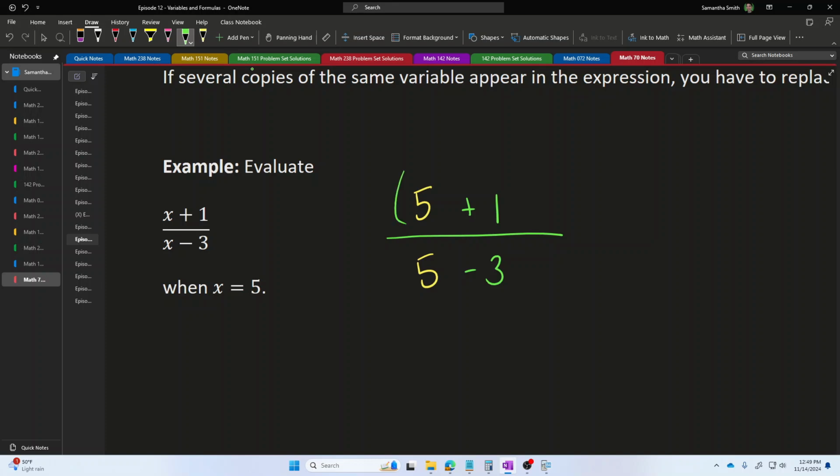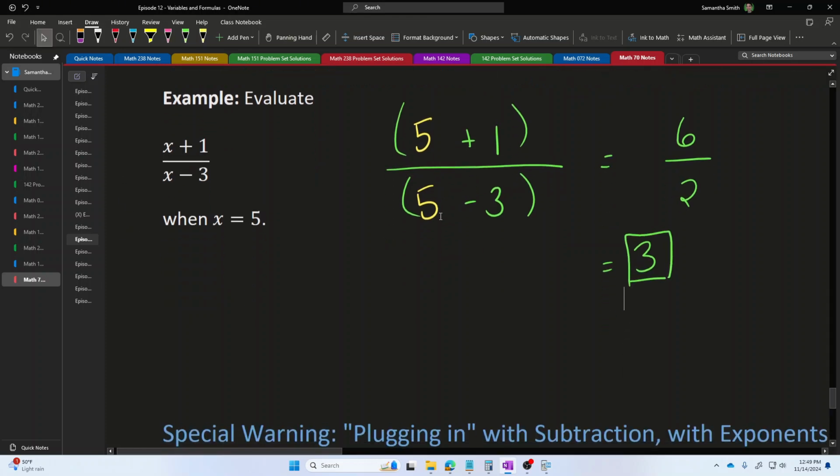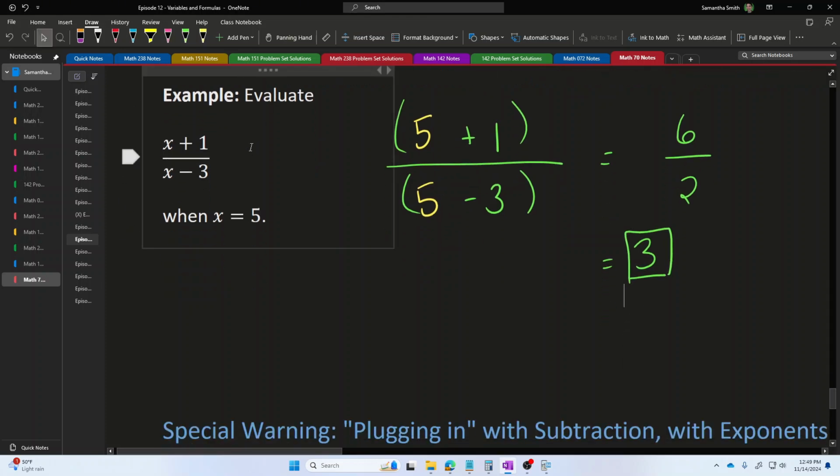Following PEMDAS, there are hidden parentheses in the numerator and the denominator. So this is the same thing as 5 plus 1, 6, all over 5 minus 3, 2. And 6 divided by 2 gives me 3. So 3 would be the result of evaluating this expression when x is specifically a value of 5.